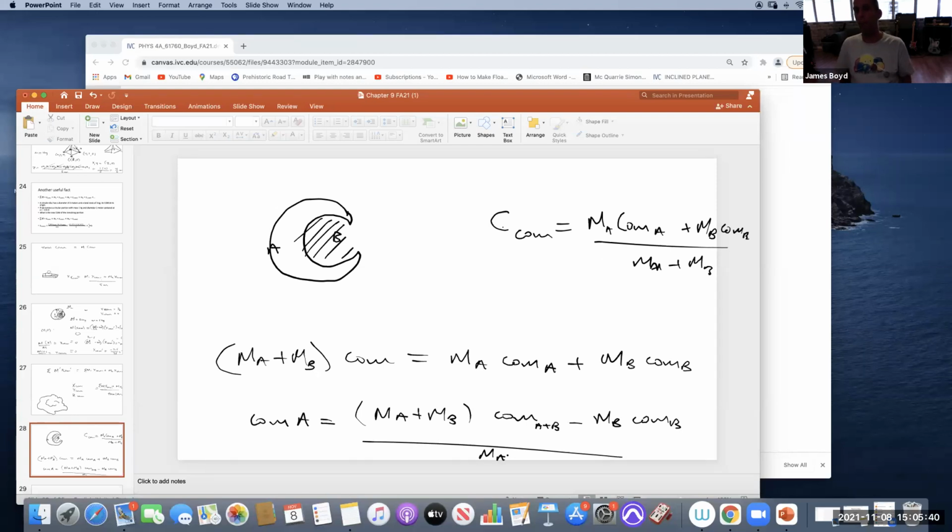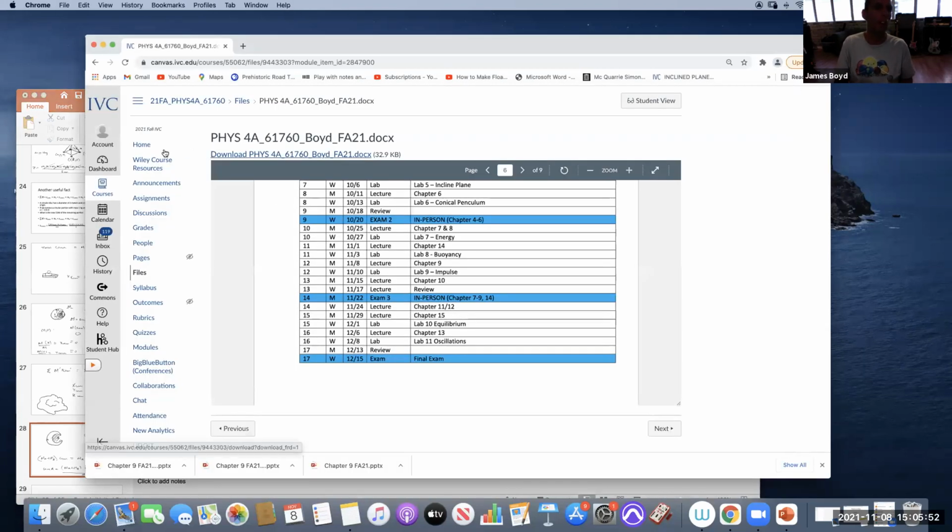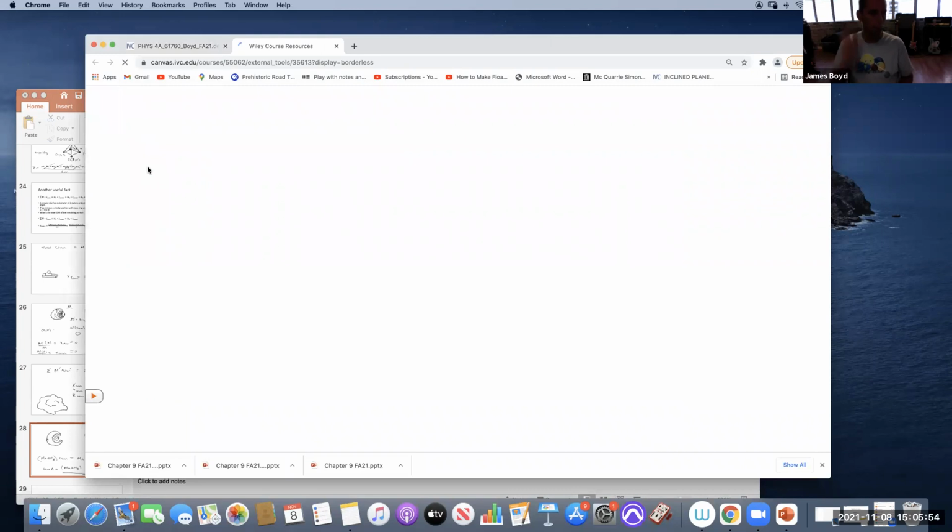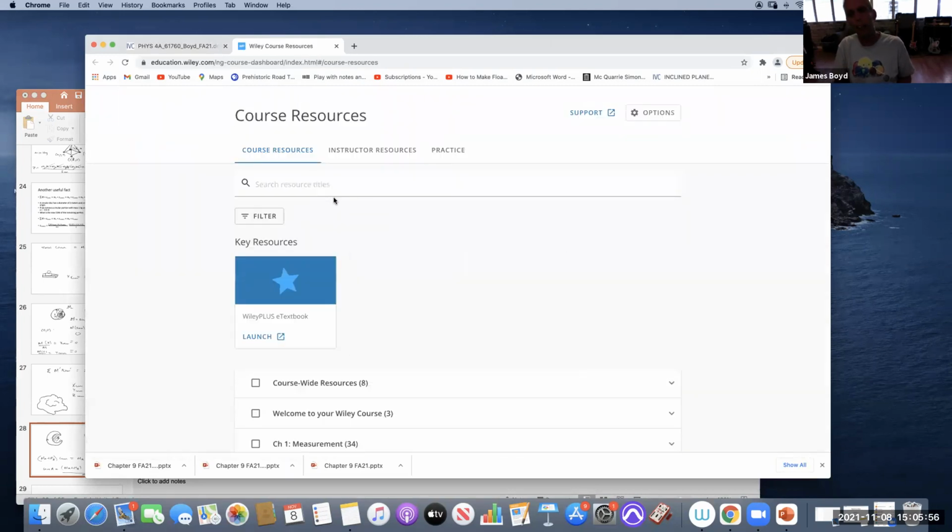That's nice. We can find the center of mass of weird objects by making them whole and then taking things away. It's really weird. Your book does a very good job of showing this with this particular example. It's a neat little mathematical trick.